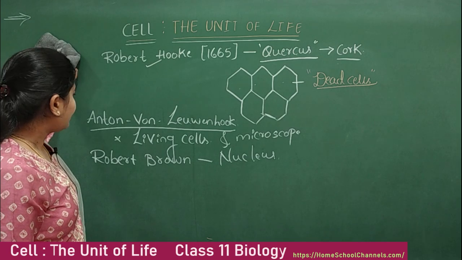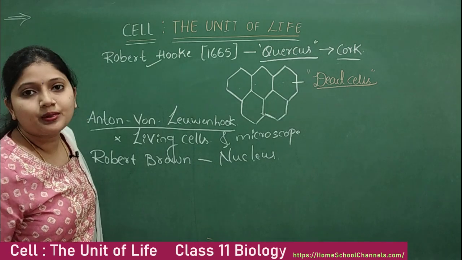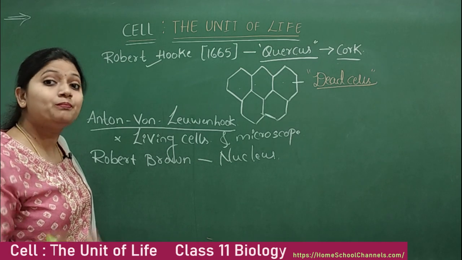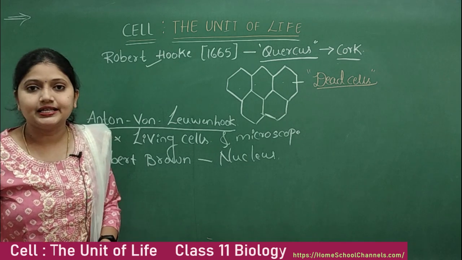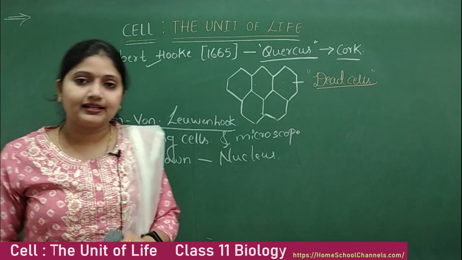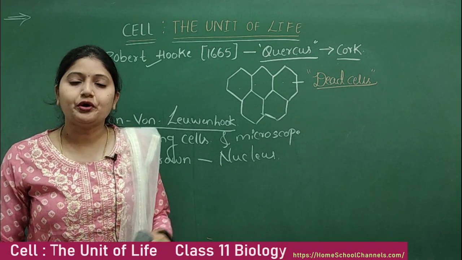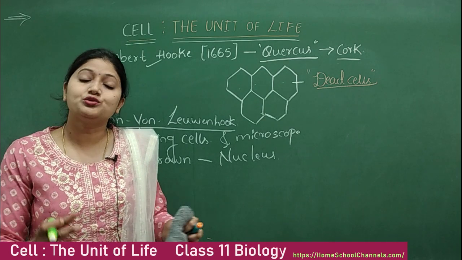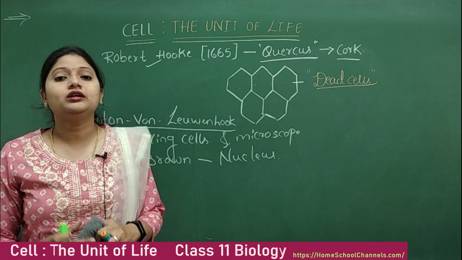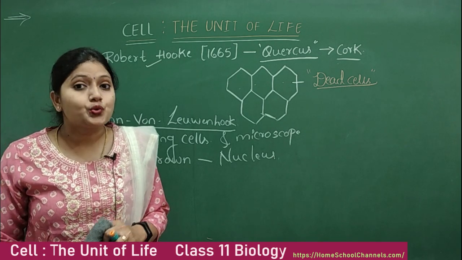So, after the discovery of the details of the cell or the parts of the cell, then came the cell theory. So, what exactly is the cell theory? It is a statement, or research, or the findings of a few scientists, most importantly two scientists, that is the Schleiden and Schwann theory.